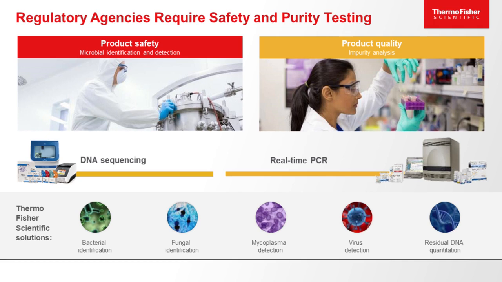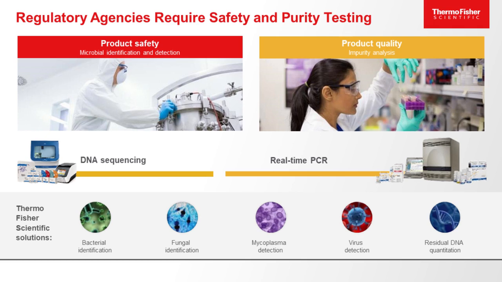To begin, regulatory agencies require a variety of testing to address the safety, efficacy, and purity of drugs and drug products. Shown here are a few of the solutions we offer at Thermo Fisher Scientific specifically for bioproduction. On the left panel are bacterial and fungal ID products that are based on DNA sequencing methods and are used for environmental monitoring.